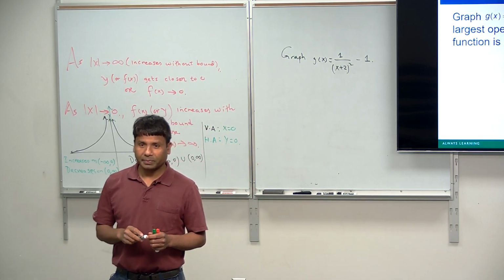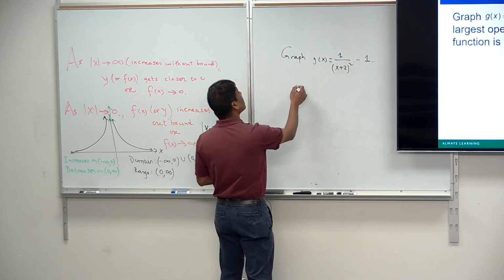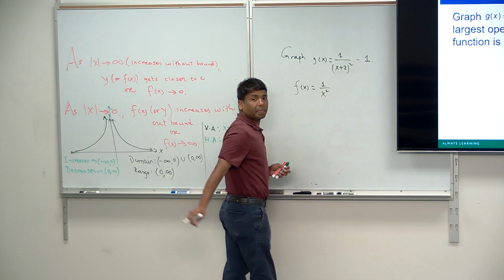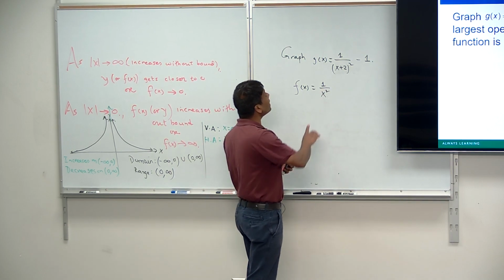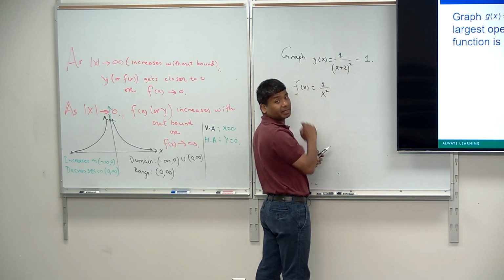Okay, so look here guys, your parent function is f(x) equal to 1 over x squared, right? And this function is shifted 2 units to the left.